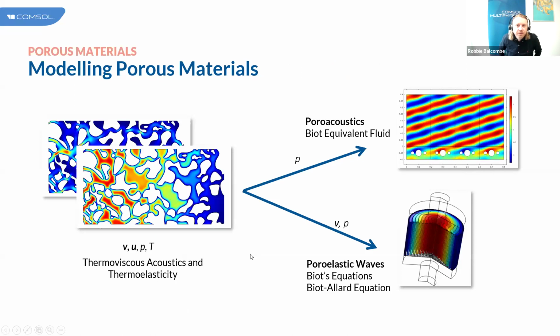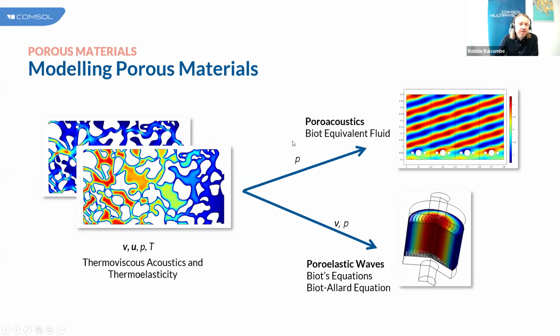In terms of modeling porous materials within COMSOL, you have access to two different methods, and these methods are based on semi-empirical formulations. The first approach that we can use to model a porous material is what's called an equivalent fluid formulation.